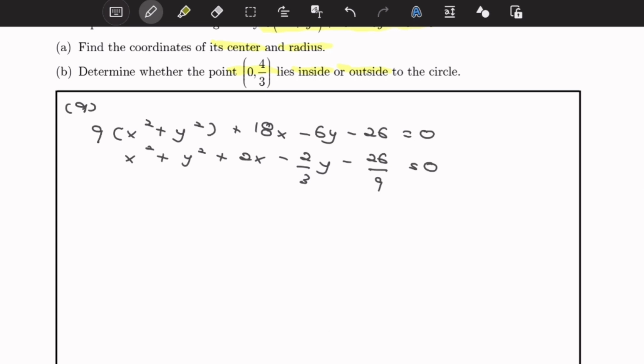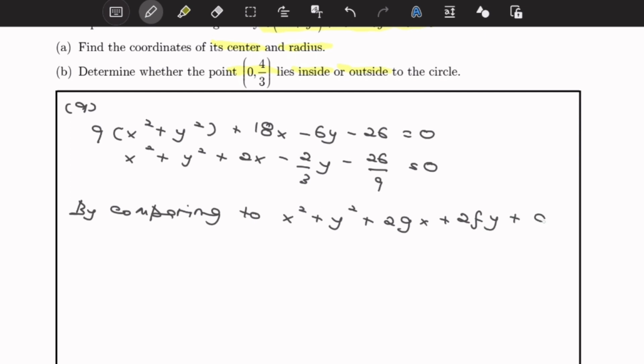So let's write it down. By comparing to x squared plus y squared plus 2gx plus 2fy plus c equals 0.